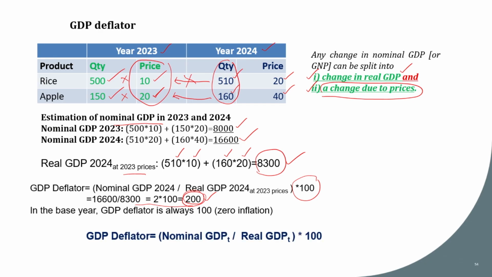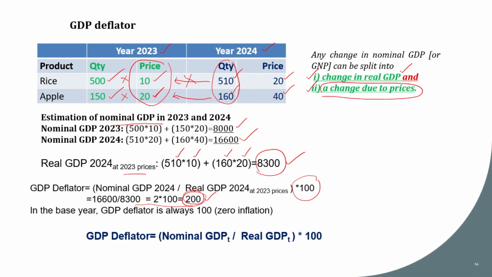So to summarize, the GDP deflator is the nominal GDP in period T divided by the real GDP in period T times 100. So by using the concepts of nominal GDP and real GDP, we calculated the GDP deflator, which is a measure of inflation.